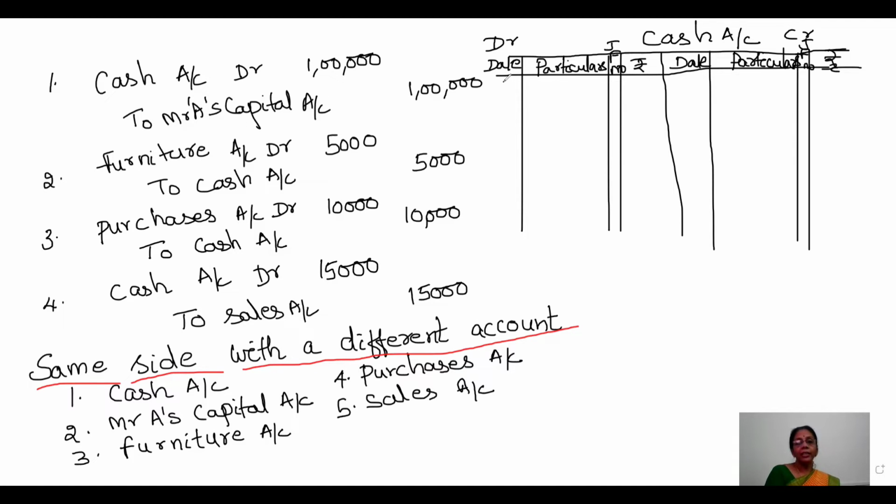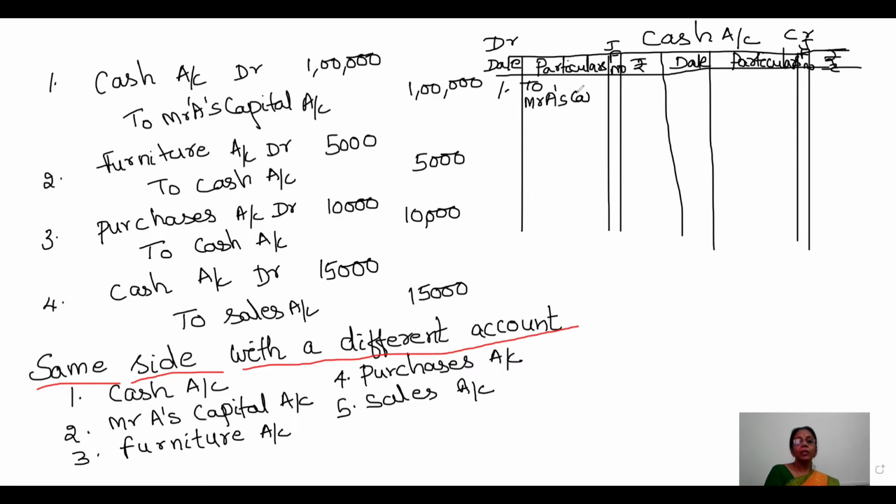Here I have not taken the date. I have taken the serial number, so I will present it in the form of serial number only. Now remember, while writing, you may have to use the words To and By. On the debit side it would be taken as To, and on the credit side, every time you post the transactions, it would start with By. Now here you should not write cash account under cash account.